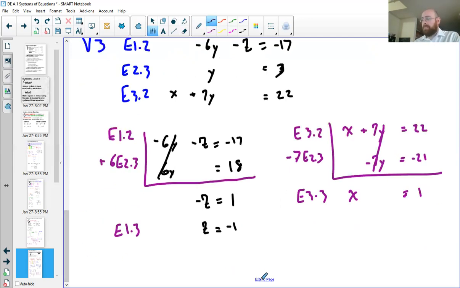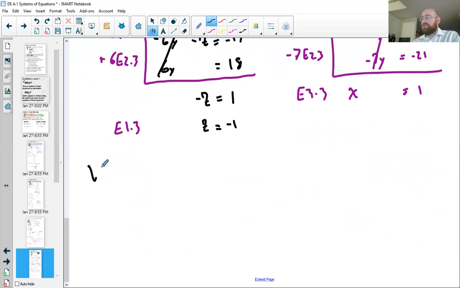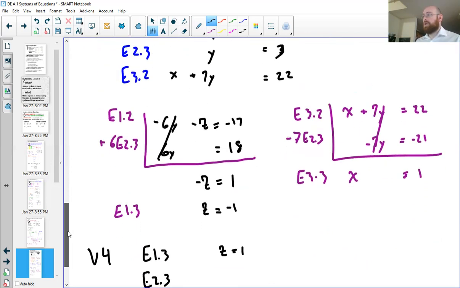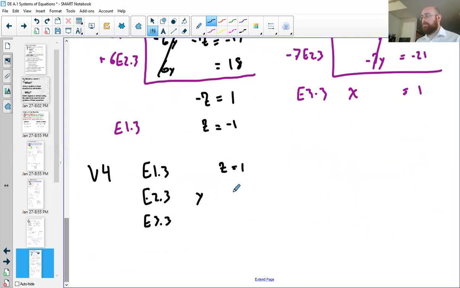So version 4 of our system. We have z equals negative 1. We have y equal to 3. And then lastly, we have x is equal to positive 1.